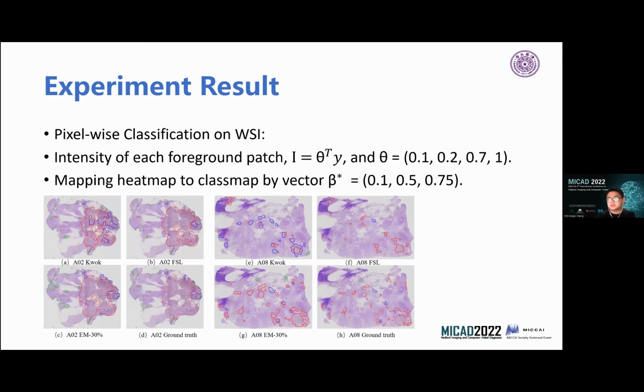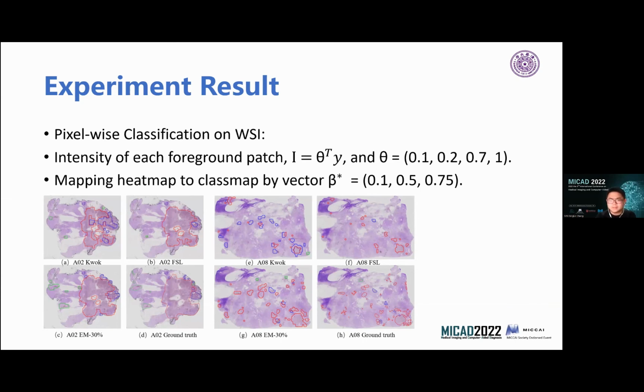The theta t here is a fixed value that we generate by experience from the different types of cells and the cell density. Finally, we map the heat map from the cosmic by a factor of beta star, which is also a fixed factor.